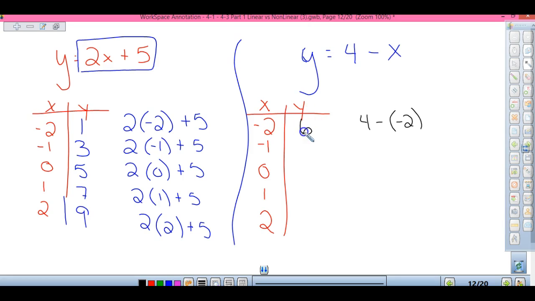Good, because that minus and that minus turns into a plus. Then we have 4 minus, what's going in for x? -1.